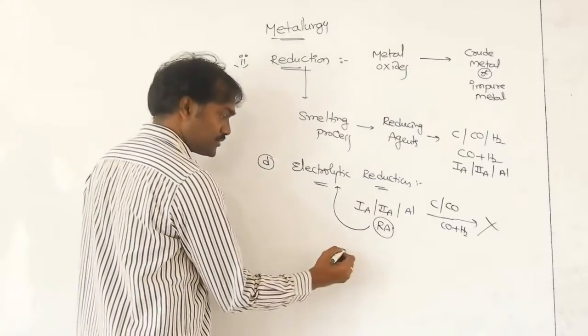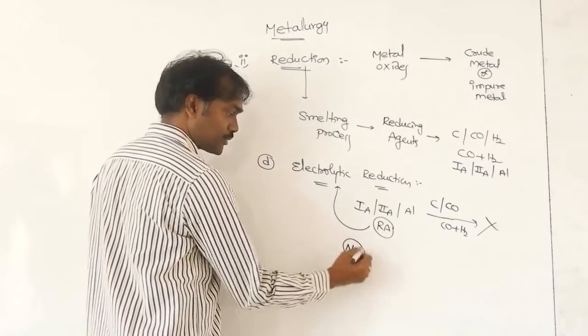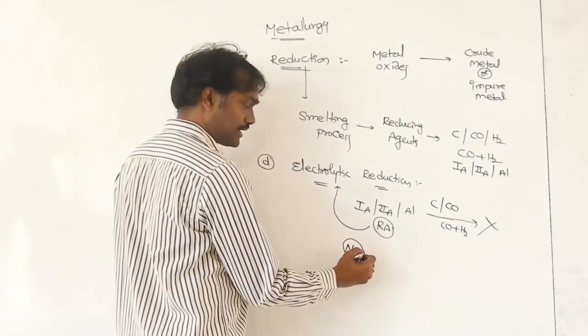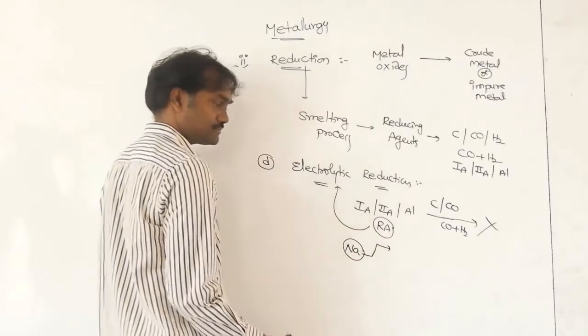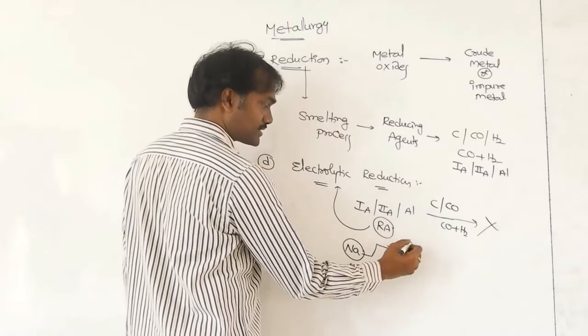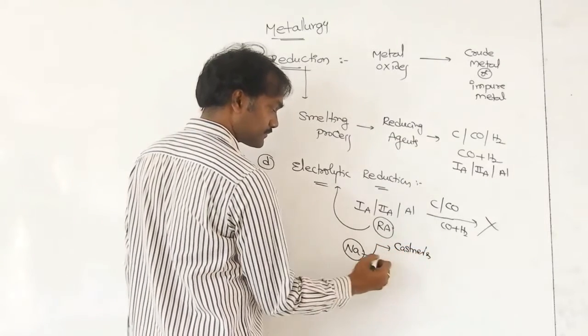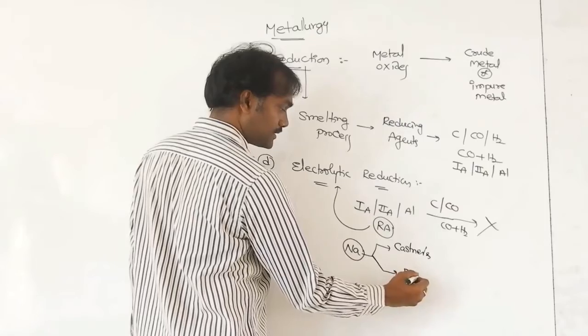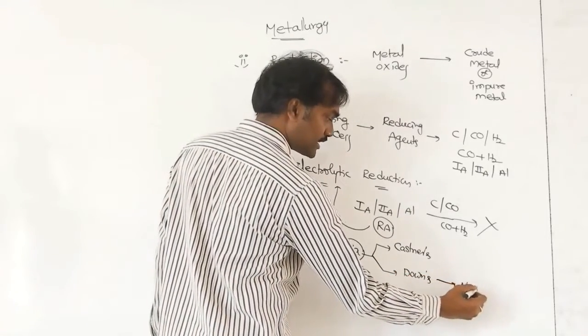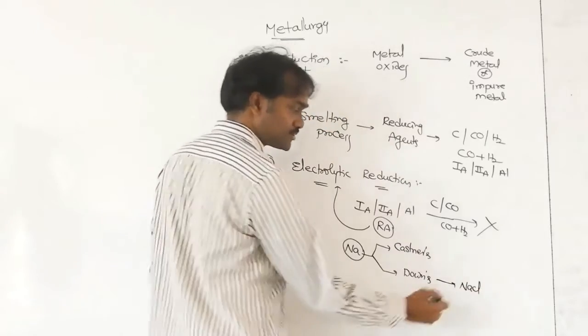Suppose you want to prepare sodium. What are the famous electrolytic processes? Castner's process. Next, Downs process. In Downs process, what is the electrolytic solution? In Castner process it is NaOH, not NaCl brine solution.